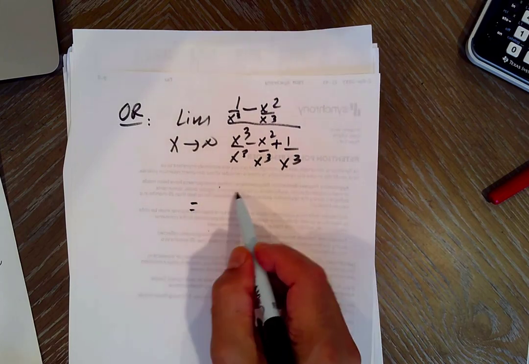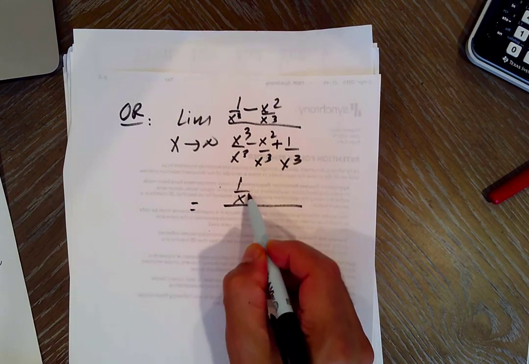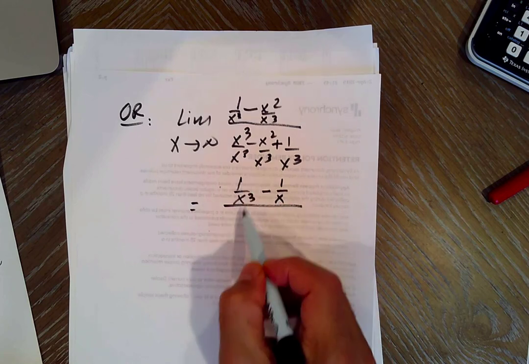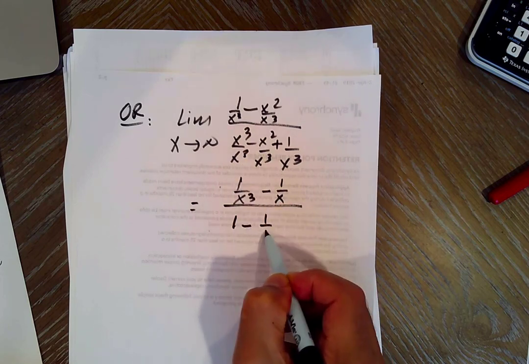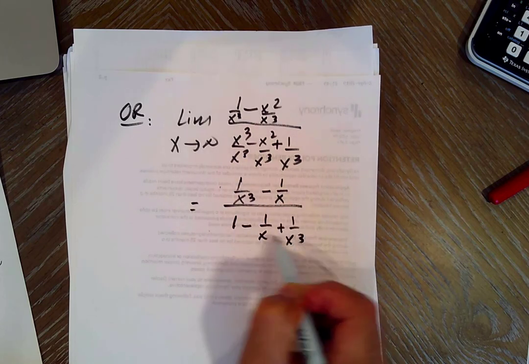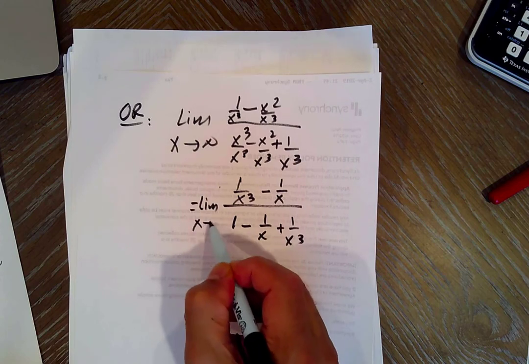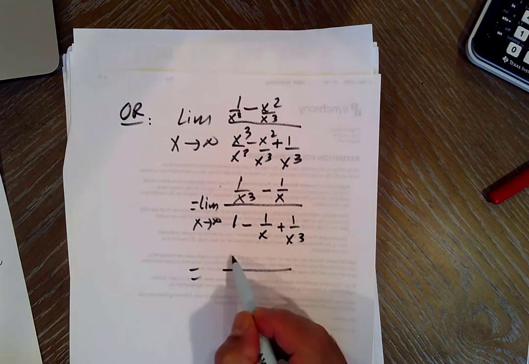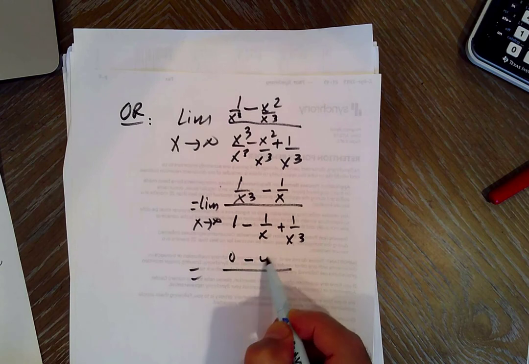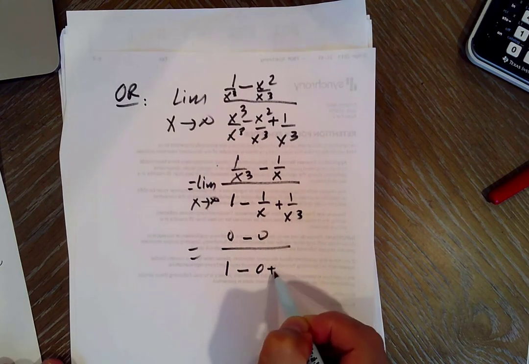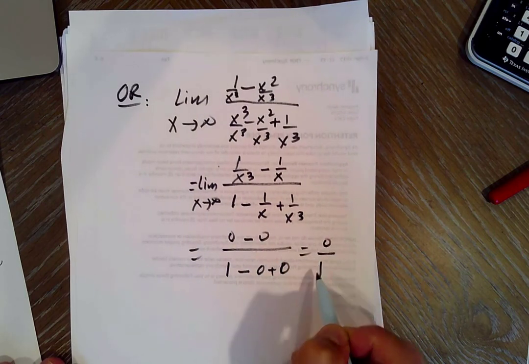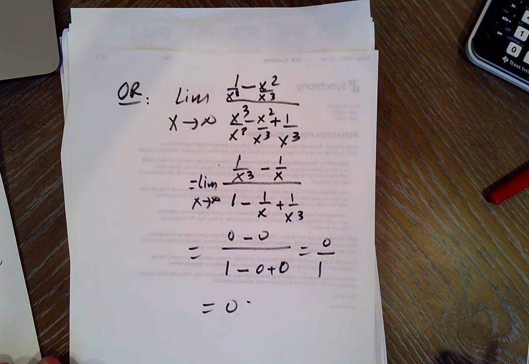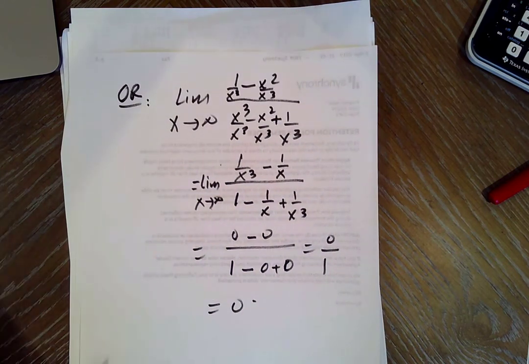So this would be 1 over x cubed minus 1 over x, and then 1 minus 1 over x plus 1 over x cubed. As x goes to infinity, 1 over infinity is 0, so 0 minus 0 over 1 minus 0 plus 0. So 0 over 1 is 0. You pick which method you want to use, okay?